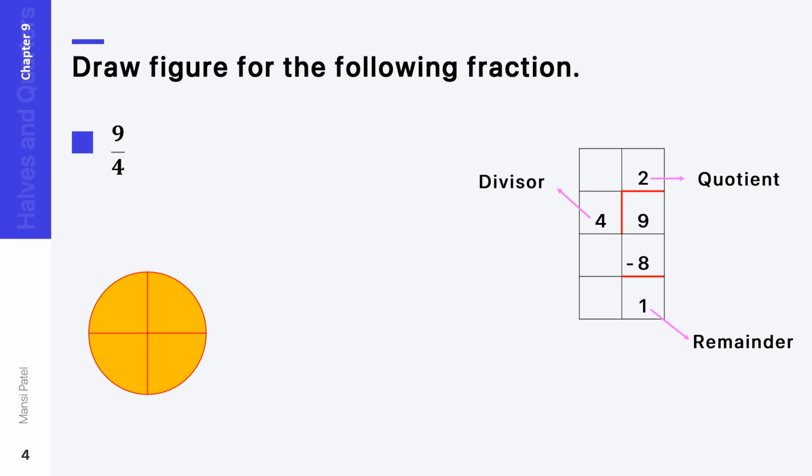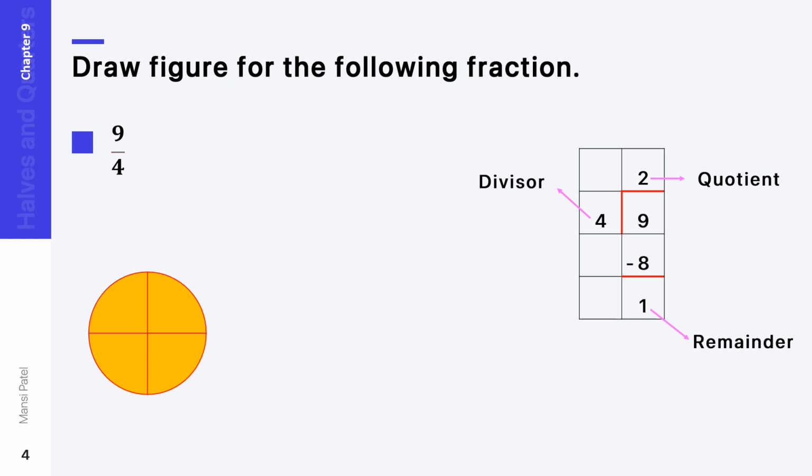Why are we making 4 equal parts? Because 4 was given in the denominator, and the number given in the denominator, that many parts we have to make. That we already studied. But you see in the numerator 9 was given, which means we have to shade 9 parts.